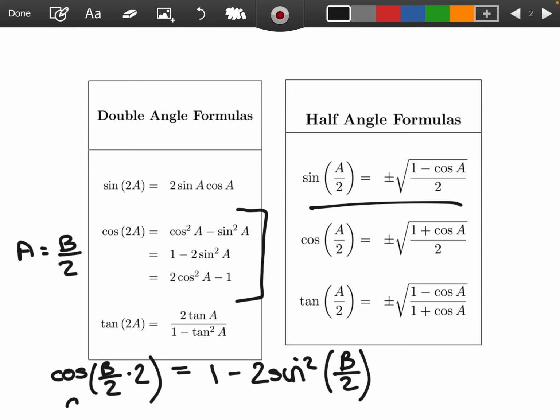That leaves me with cosine b equal to 1 minus 2 sine squared b over 2. And then if I rearrange this for sine of b over 2, I end up with this formula here: sine of b over 2 is equal to plus or minus the square root of (1 minus cosine b) divided by 2. So that's where they come from: the double angle formula, with a set equal to half of a different angle.